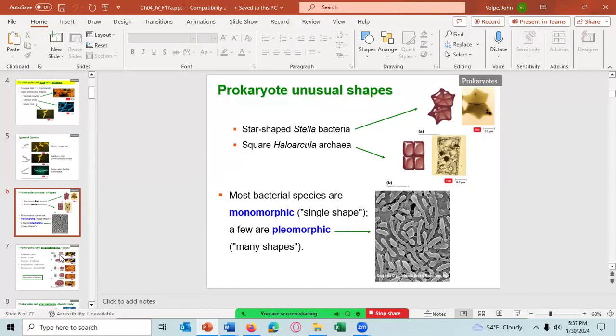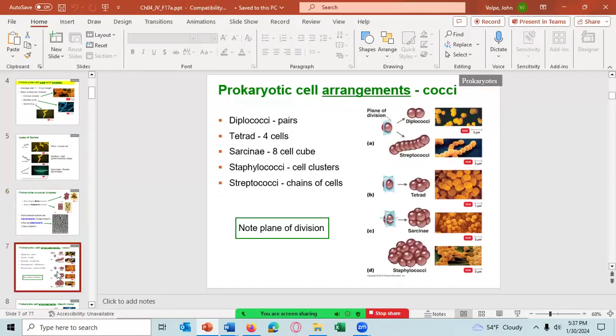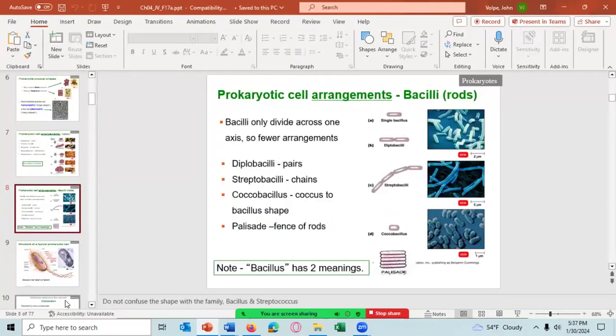Let me talk about one other shape. I don't know why it's even down here, because this is where I'm talking about the cellular arrangement, also called the cellular growth arrangement, where the cells can stick together and then form a cellular arrangement. Coccobacillus is not a cellular arrangement, it is a shape.